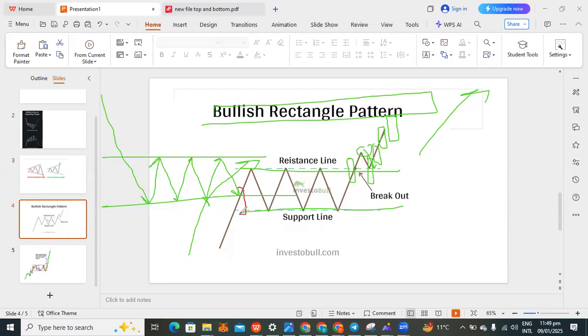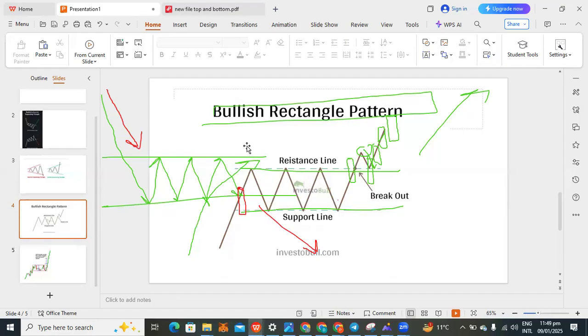It will break the support, and that is when you will know that it's a bearish rectangle pattern and a bearish continuity pattern. The pattern is going to continue to be bearish. It will not recover. That is what this pattern tells us.